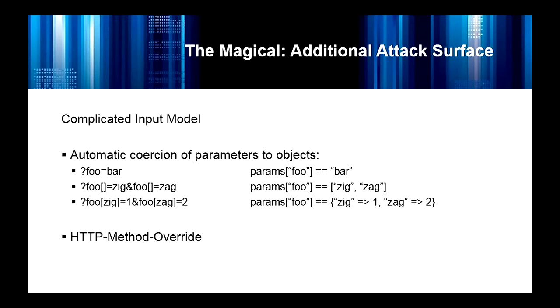The other thing that the magical features of a framework can do is add additional attack surface that we might not as a developer want or be aware of in any way, shape or form. So Rails has a really complicated input model, which is if I send an HTTP request that looks like this, it's torn apart, turned into pieces, and turned into an abstract idea of a request, which is the foo parameter is equal to bar, or the foo parameter is an array of zig and zag.